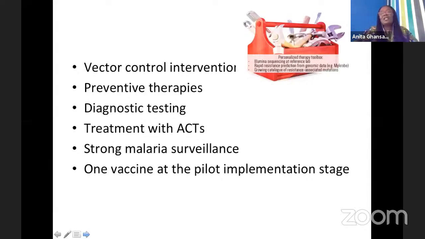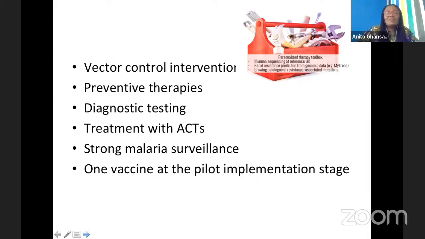Now, what do we have in our tool set at the moment? We have a number of vector control interventions, such as indoor residual spraying with insecticides, and long-lasting treated bed nets to prevent transmission.